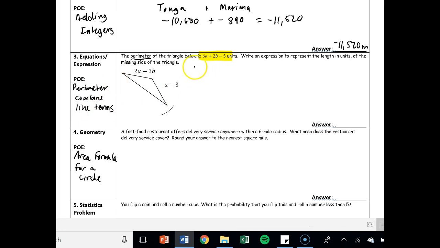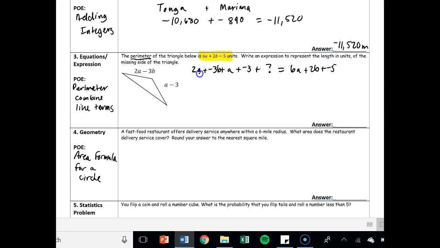So let's start off by saying 2a plus a negative 3b, my fault, plus a negative 3 plus some other expression is equal to our answer, 6a plus 2b plus negative 5. Because if we add all this up, we should get our perimeter, which was that expression right there.